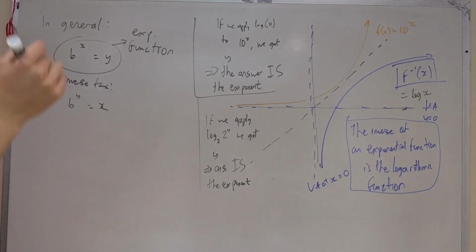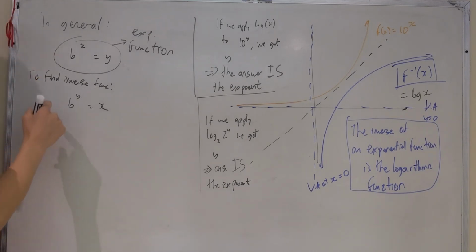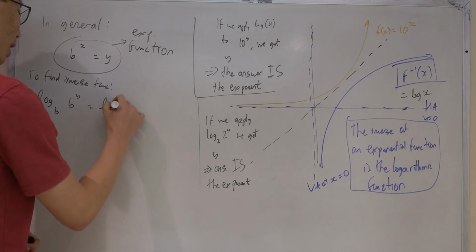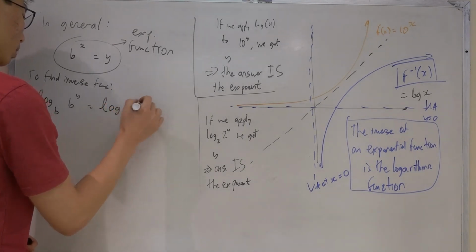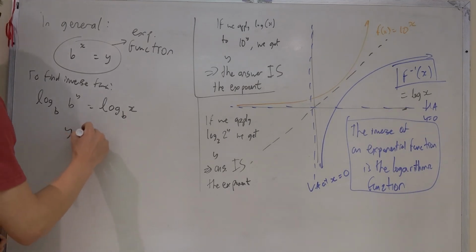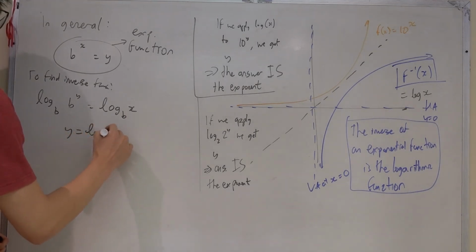Excellent. So what we're going to do then is log with a little b at the bottom, and the little b just tells us that this log function kills the b and just gives us y. So if we do this to both sides, we get this, and then we just get y is equal to log b x.